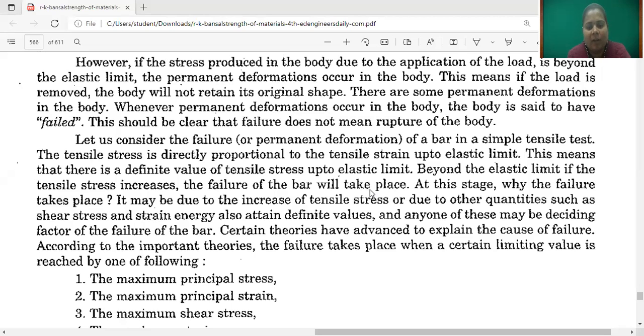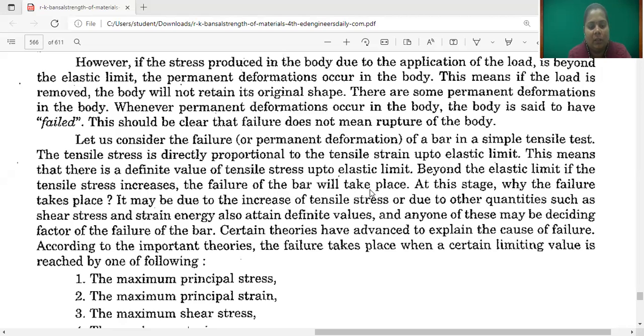Certain theories have been advanced to explain the cause of failure. Full stop.